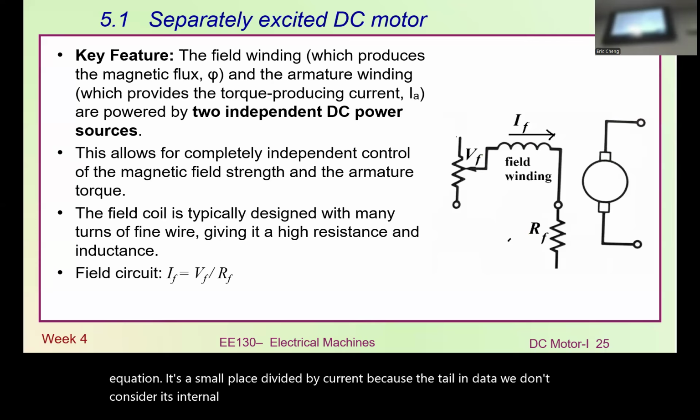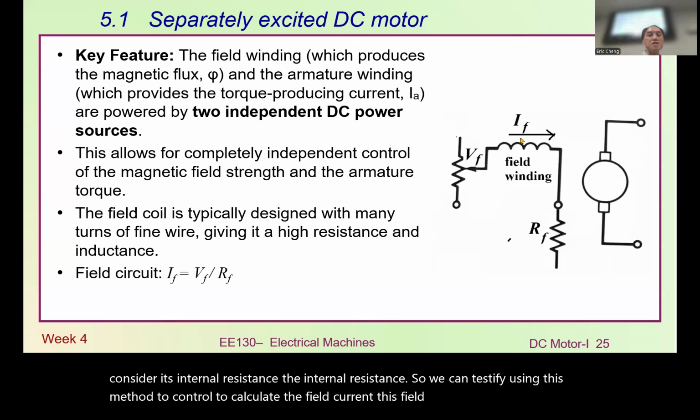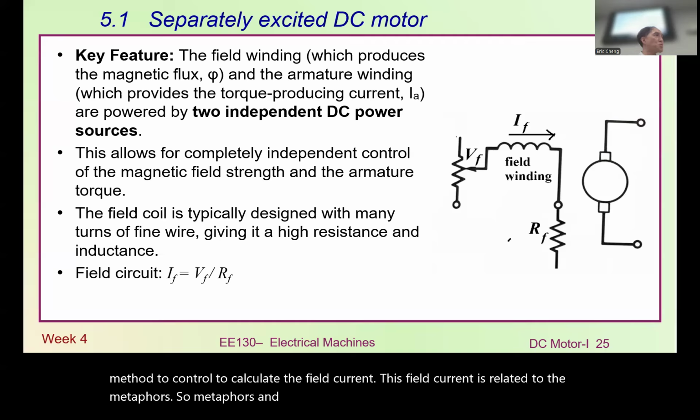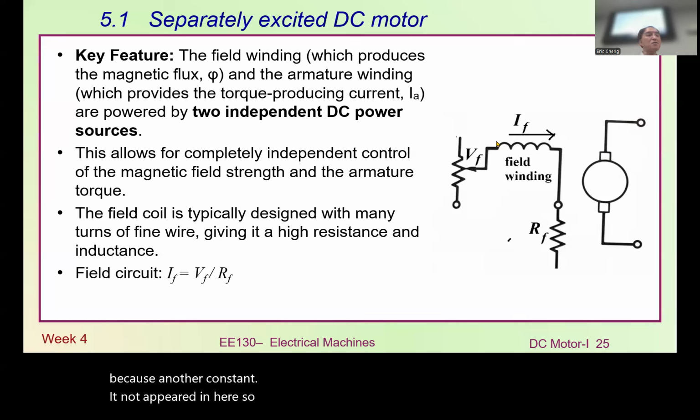The internal resistance is all here. So we can use this method to control or calculate the field current. This field current is related to the magnetic flux, so the magnetic flux and the field current are proportional to each other. We have another concept, but it does not appear here. So that's how we are able to use a separate method to control the motor.